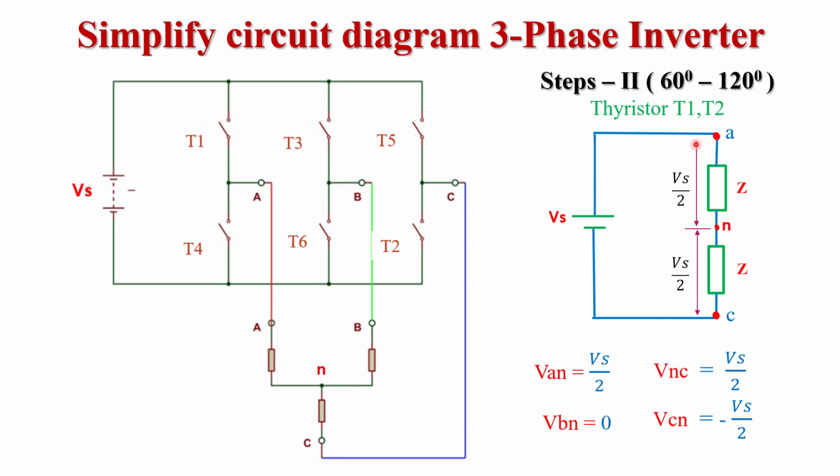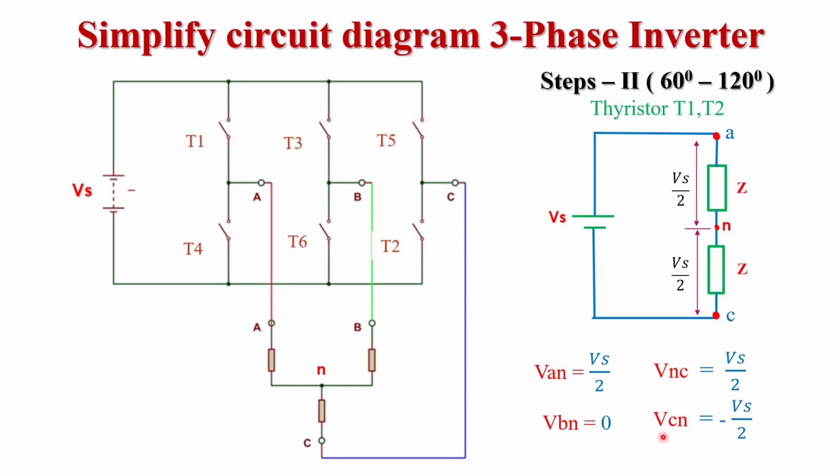So the total voltage across the load is Vs. Vs voltage is divided into two parts, Vs by 2 upper part and Vs by 2 lower part. So the voltage VAN equals Vs by 2 and voltage VNC is also equal to Vs by 2.